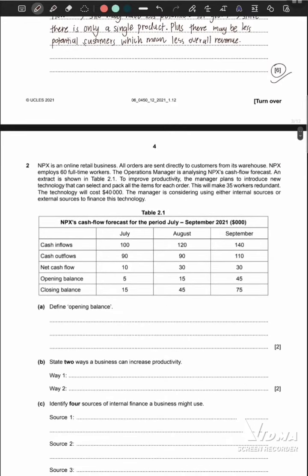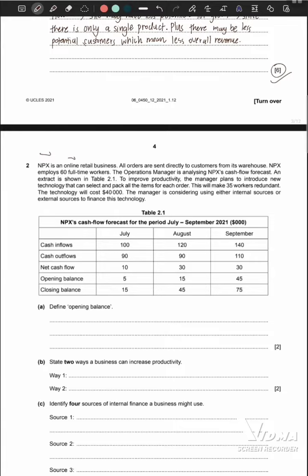Question number 2. Our case study states that MPX, the business brand name, is an online retail business. Online, that is another point. It doesn't operate in a shop. All orders are sent directly to customers from its warehouse. MPX employs 60 full-time workers. The operations manager is analyzing MPX's cash flow forecast. An extract is shown in this table, 2.1.